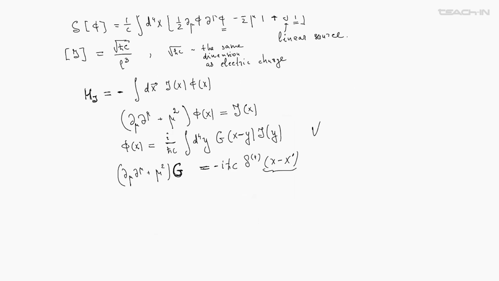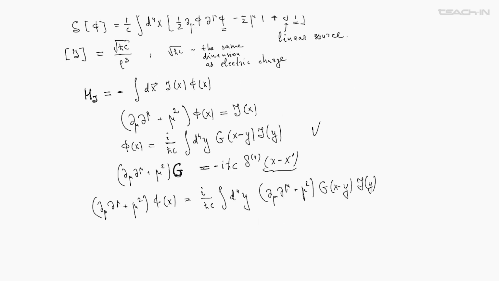You act with this operator, d mu plus mu squared, on phi of x. Then this operator gets inside the integral and acts on the Green's function: d mu plus mu squared acts on g of x minus y, j of y. So this operator acts with respect to the variable x.